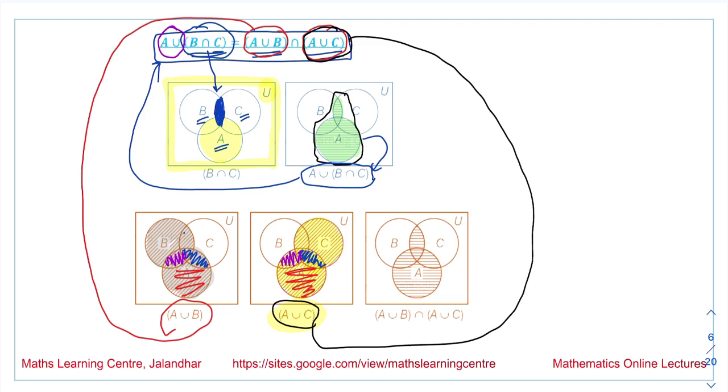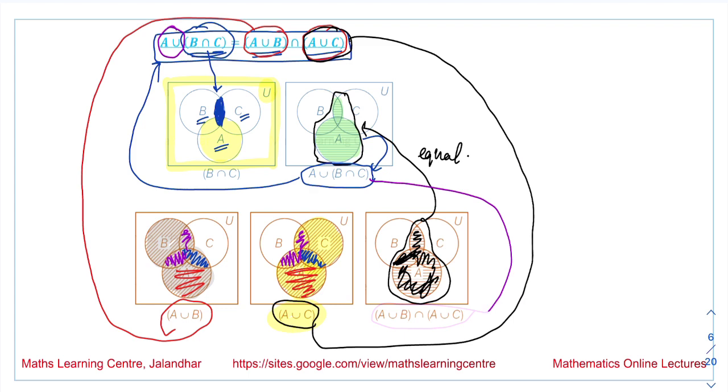When we take the intersection, we are talking about the common regions. So the common region we have is this portion of B and C. The final region we obtain is this region, and both these regions are equal to each other. So both these values are equal to each other.